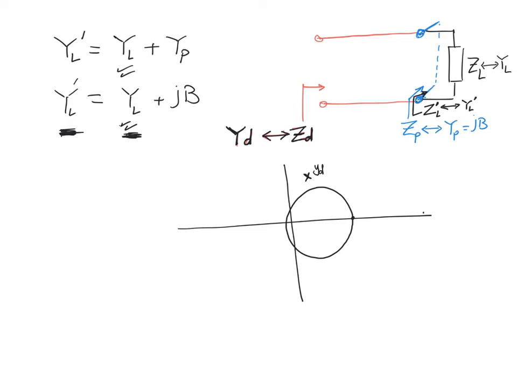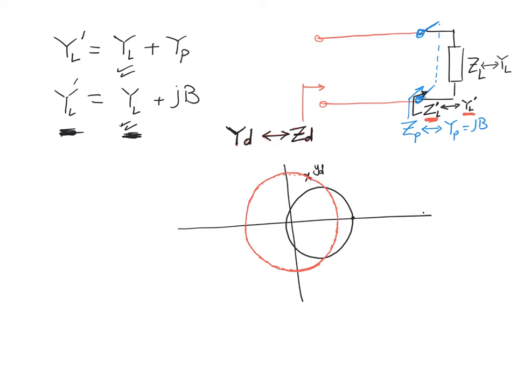So this is my YD. Then I know that the circle centered at the origin, which contains this YD, is a locus for my unknown ZL dash, or basically the normalized version of the admittance, because we are dealing with admittances.